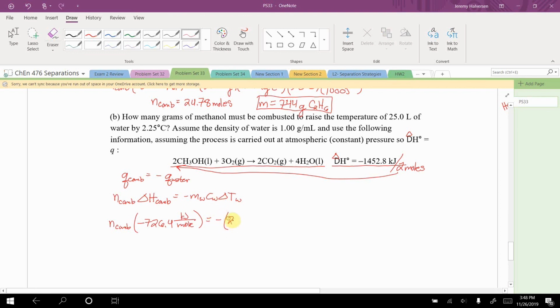mass of water is 25,000 grams, 4.184 joules per gram degree Celsius. I want to raise the temperature 2.25 degrees Celsius. I got to fix my joule kilojoule issue. So 1,000 joules is 1 kilojoule.